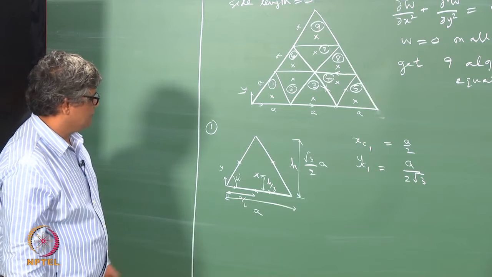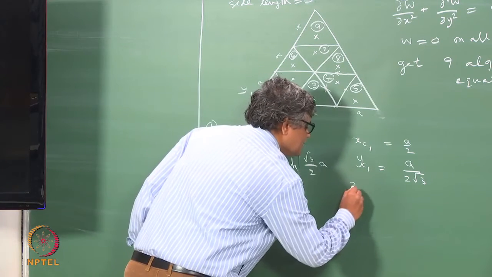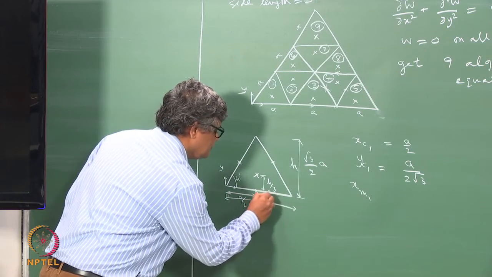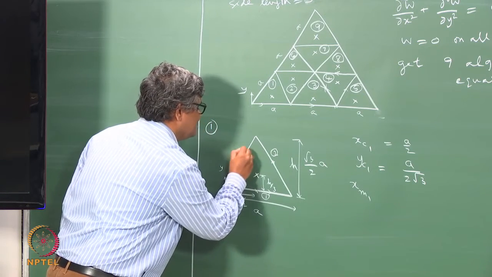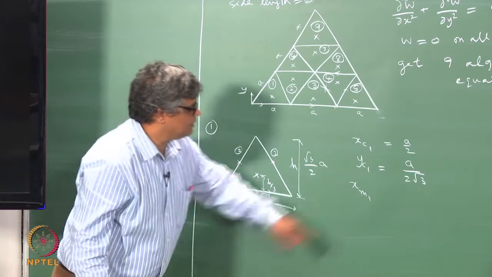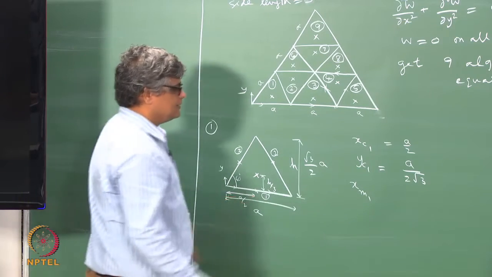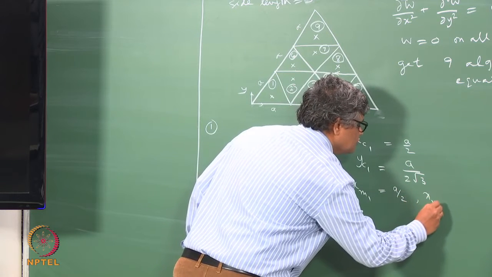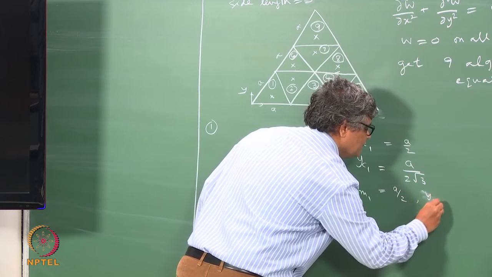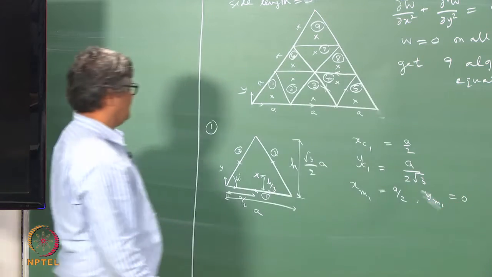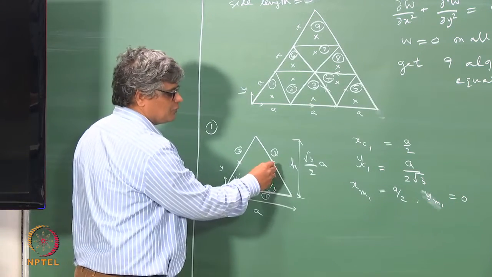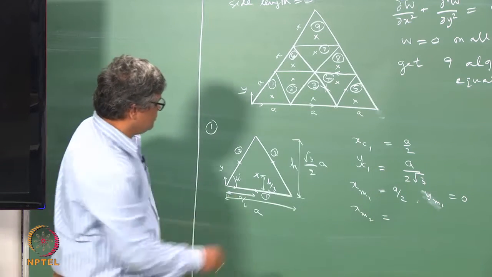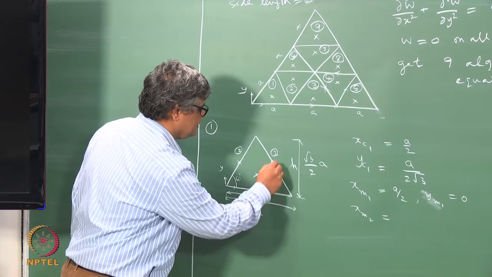So, this is a heuristic way of doing this, and so we can say that this is side 1, side 2 and side 3. That is why xm1 is A by 2 and ym1 is 0. Similarly, xm2 is halfway between these, so it is exactly at this point.